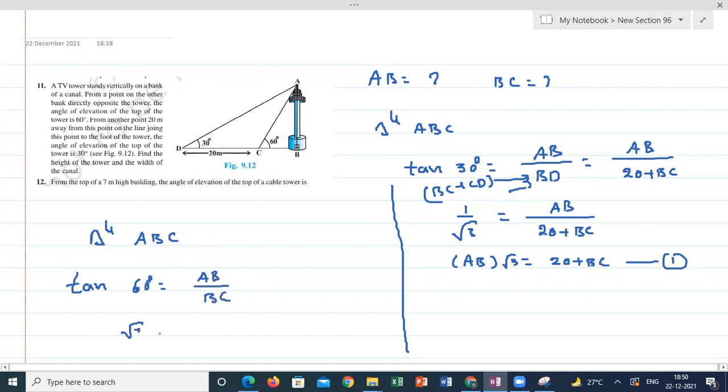We know tan 60 is root 3, so AB by BC is root 3. From here, AB is equal to root 3 times BC. This is my second equation.